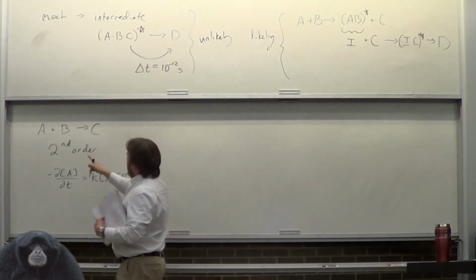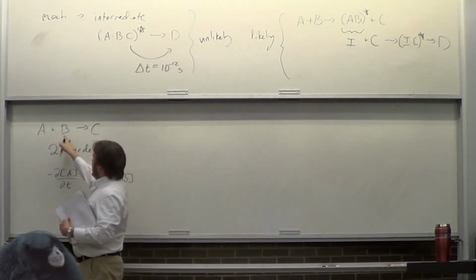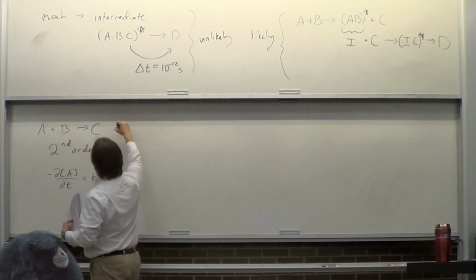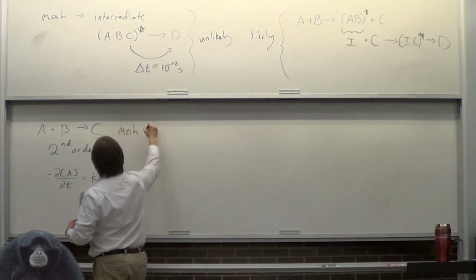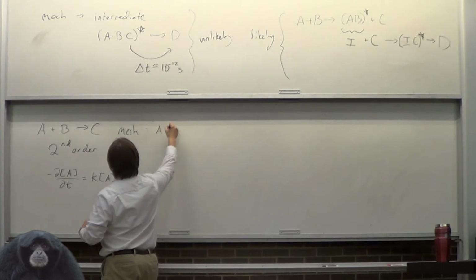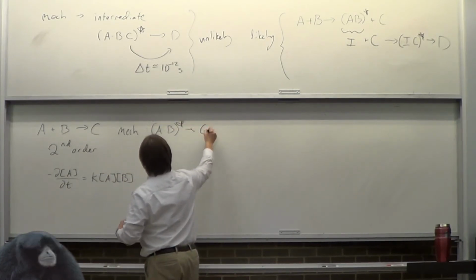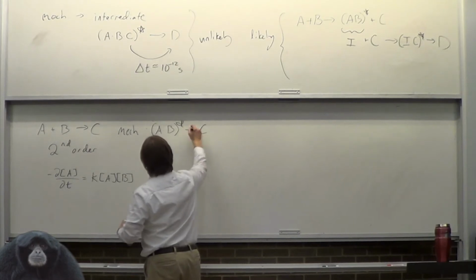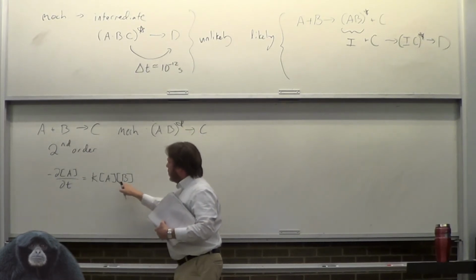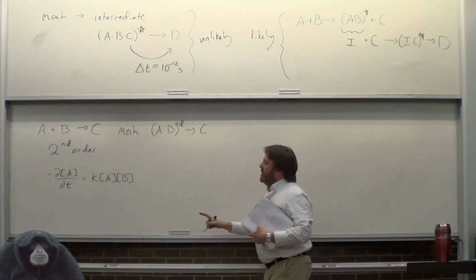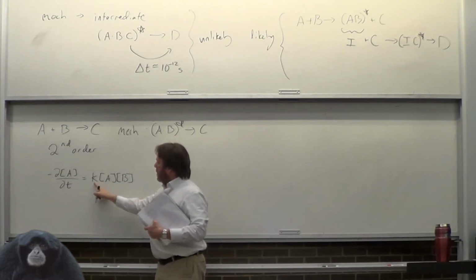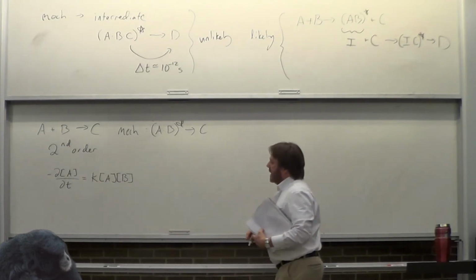And if this is mechanistic, then the mechanism, of course, is A finds B in an excited state and goes to C. And that's why I'm writing first order in A, first order in B, but the units are 1 over molarity times 1 over time, and that makes that second order.